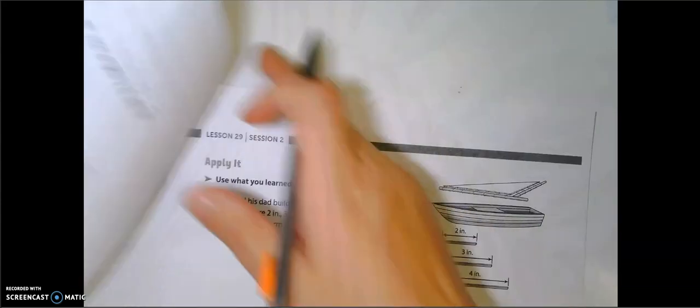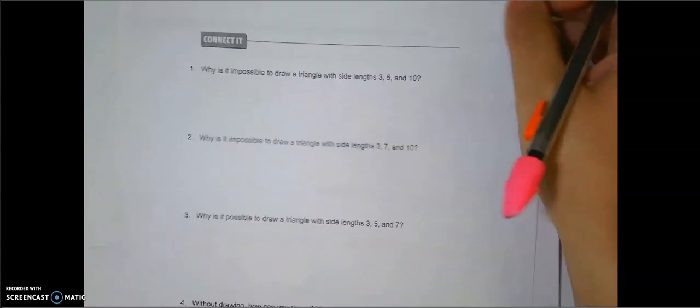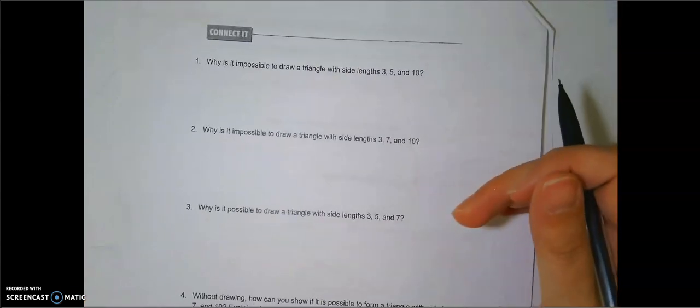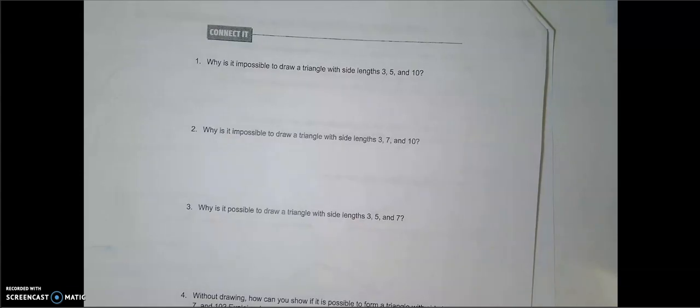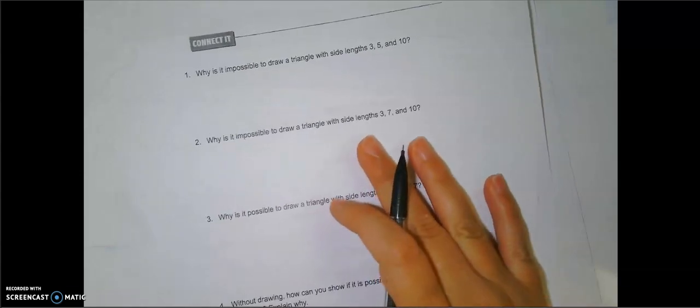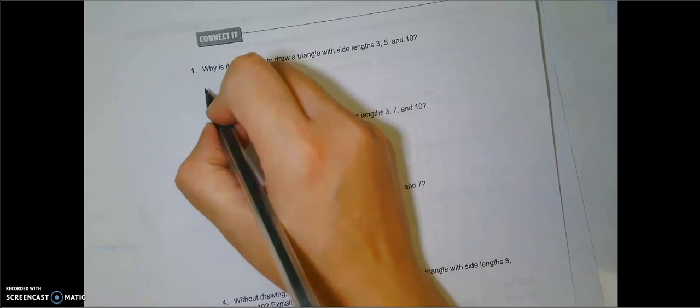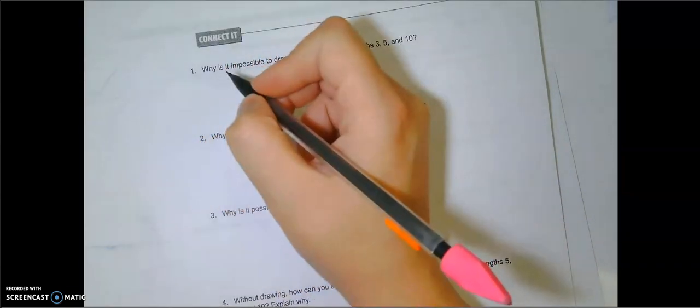So then when we go to answer our questions, why is it impossible to draw a triangle with sides 3, 5, and 10? And the reason is because 3 and 5 aren't long enough. The sum of 3 and 5 has to be greater than 10.